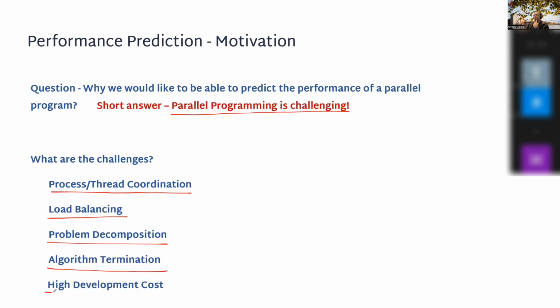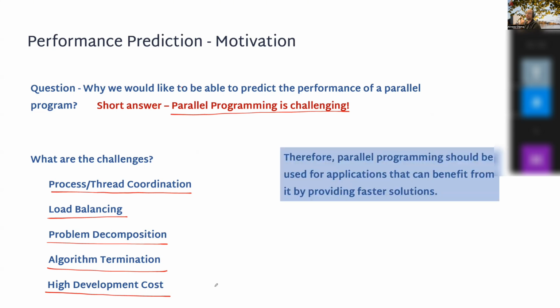And because of that, development of parallel algorithms is costly. So that's why we want to understand how our parallel algorithm will behave if we implement it, at least with some rough theoretical framework.